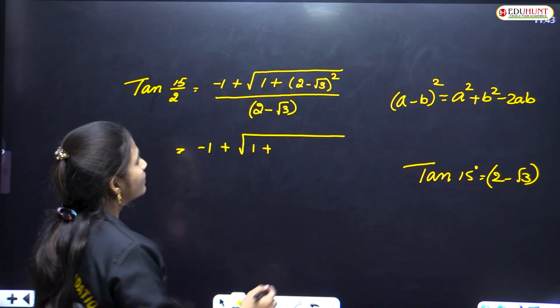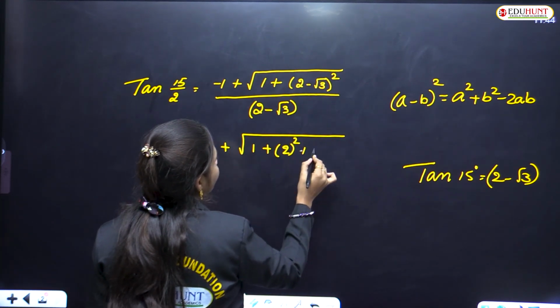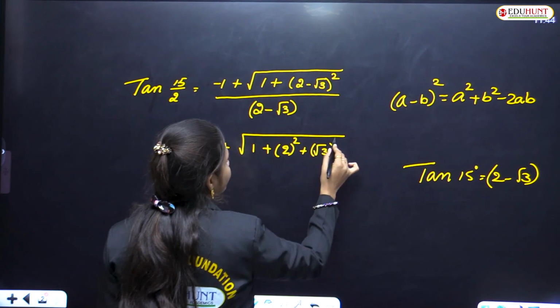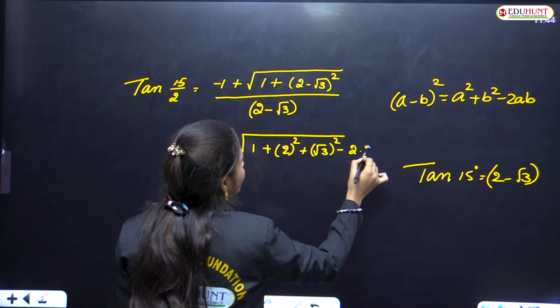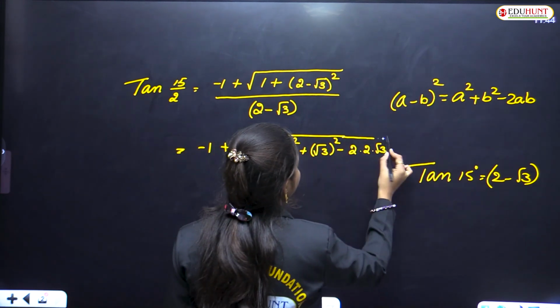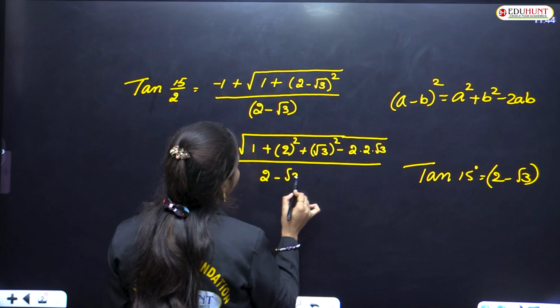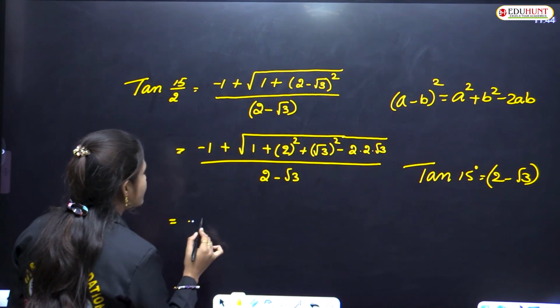Write that form here. a is equal to 2. So a square plus b square minus 2ab, whole by 2 minus root 3. Now simplify this.